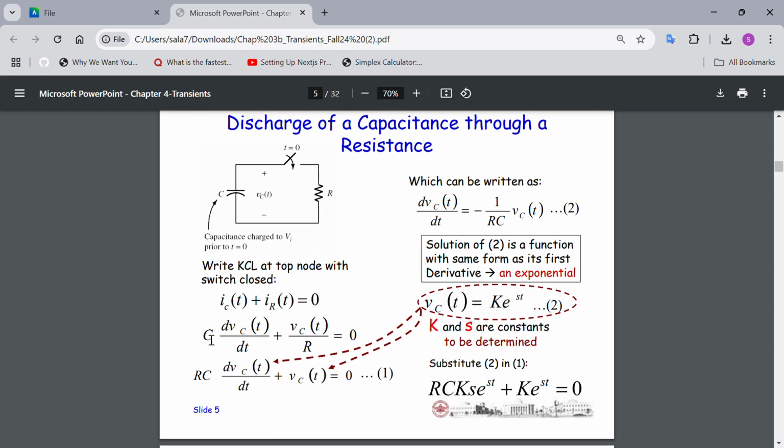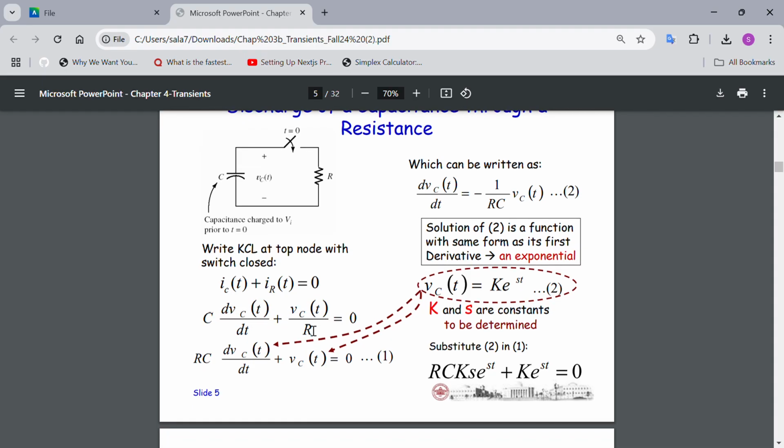When we substitute these values, we get a first order linear differential equation. If we multiply by R, so that only the variable Vc remains, we have RC dVc over dt plus Vc of t equals 0.